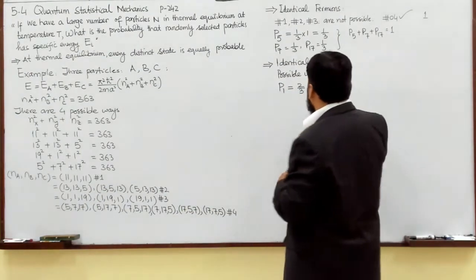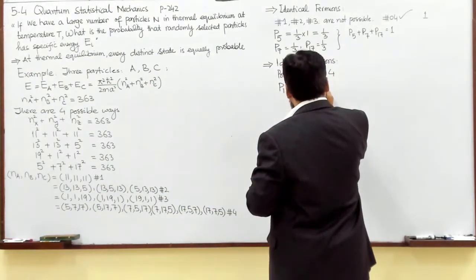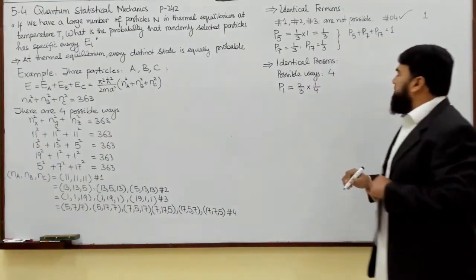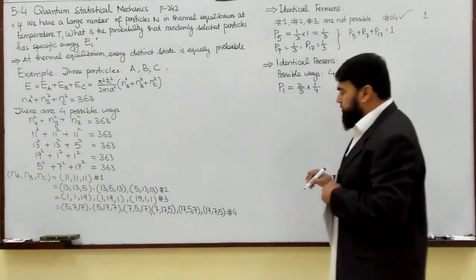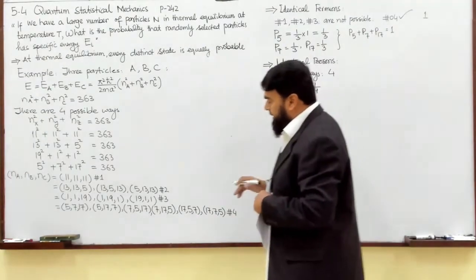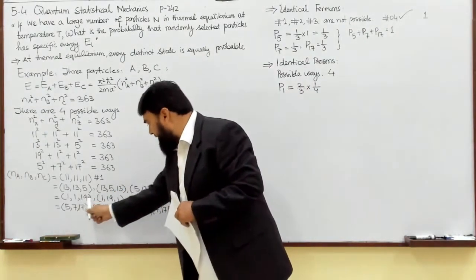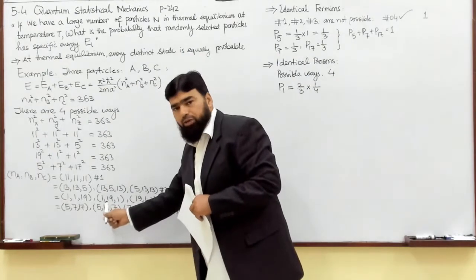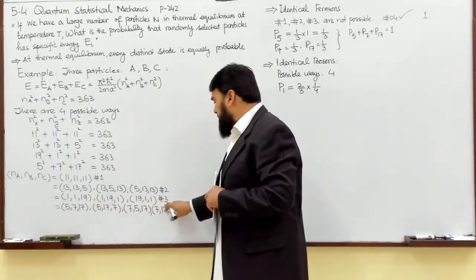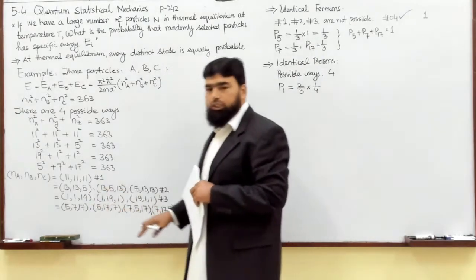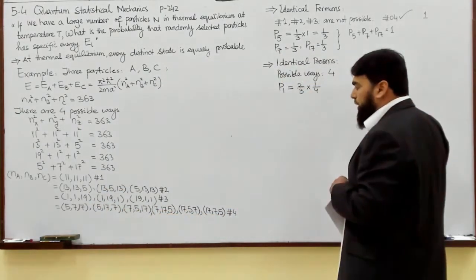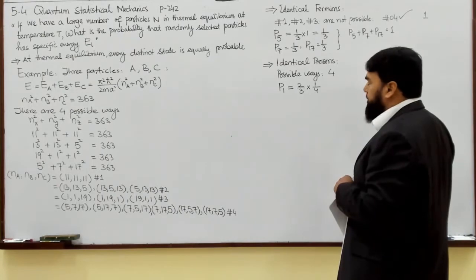So 1 out of 4 is the chance of getting configuration number 3. Because the particles are identical, this state and this state are the same now. So not all these states are possible, but only one way in each configuration.